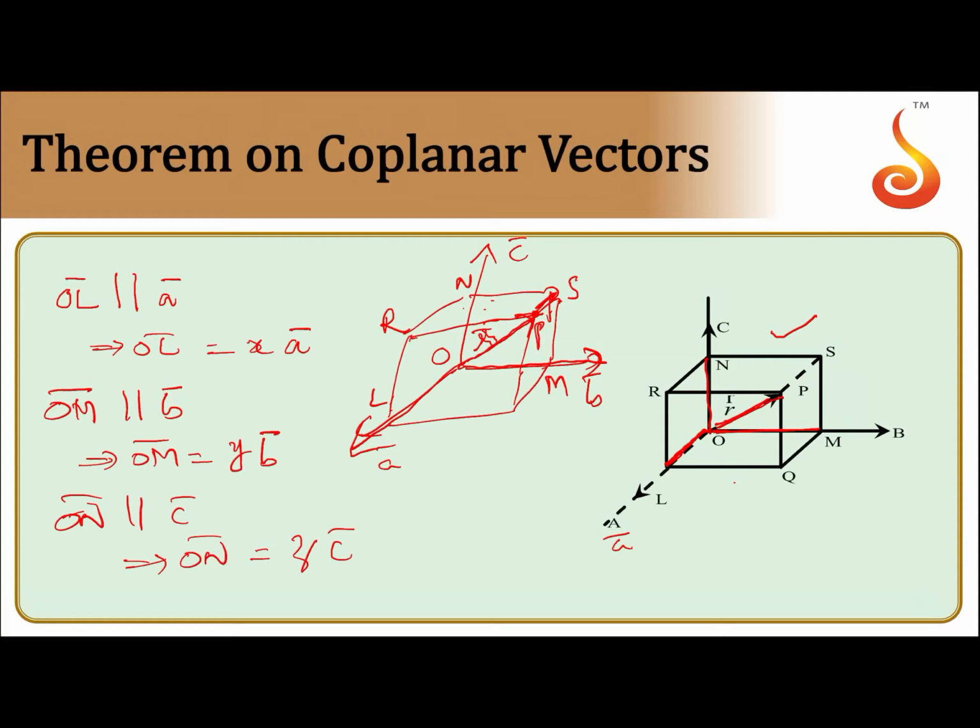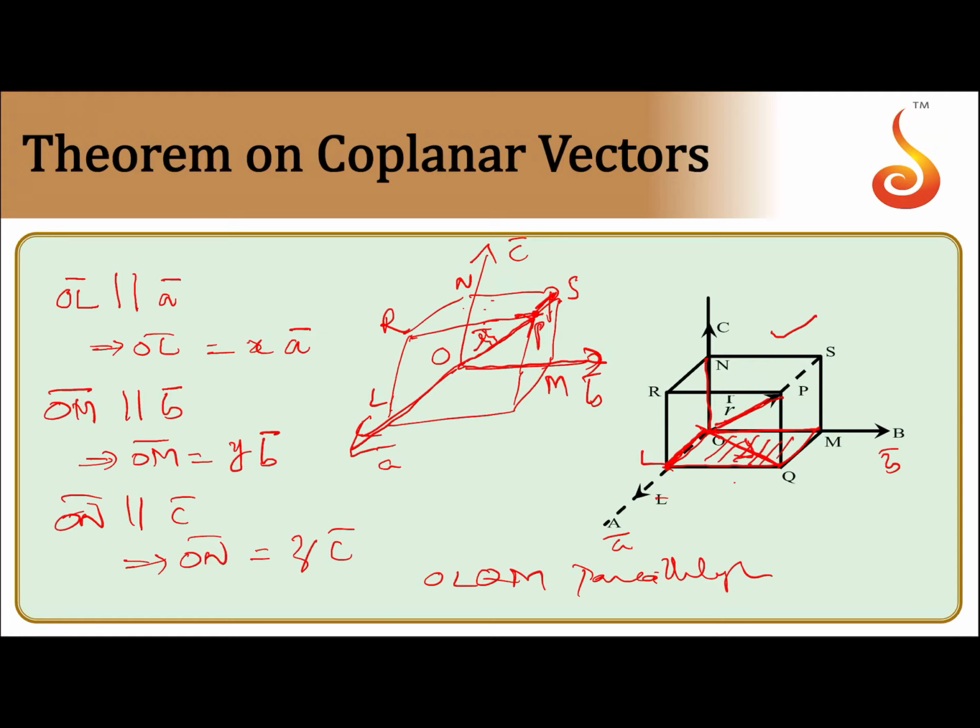Now, consider the plane AOB. There is a parallelogram OLQM. OLQM is a parallelogram, right? In a parallelogram, if you apply the parallelogram law of addition of vectors, when two vectors are taken along the sides of the parallelogram, their resultant will be along the diagonal.